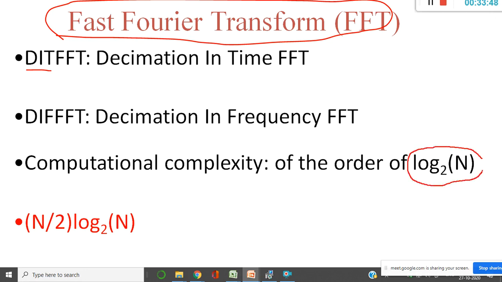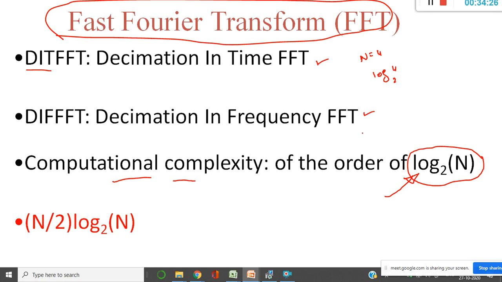The computational complexity will be in terms of log of N. Just go through the values of N equal to 4 and log of 4. It will be around 50% of the input. So the computational complexity reduces by going to these two techniques. How it reduces, and how we get it in terms of log, we will do in the very next session itself.